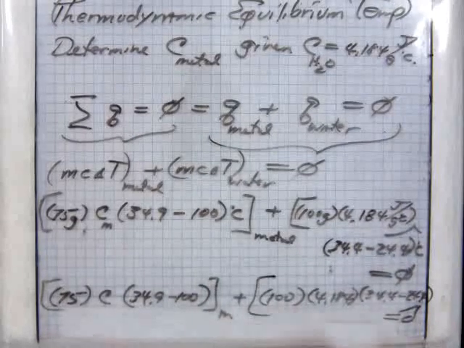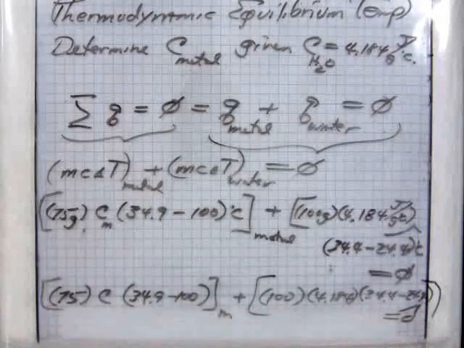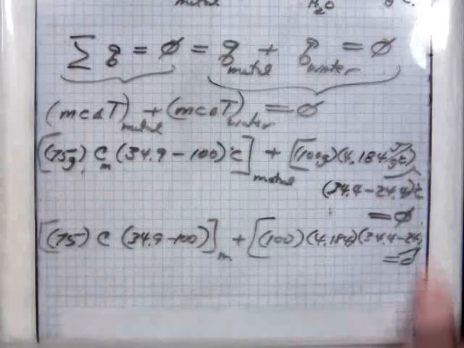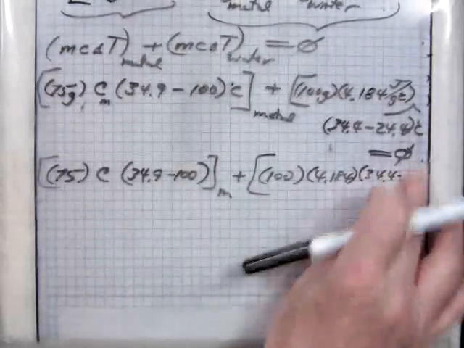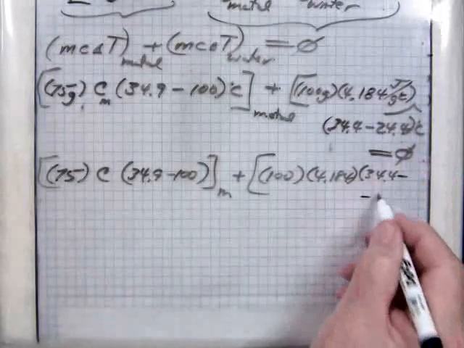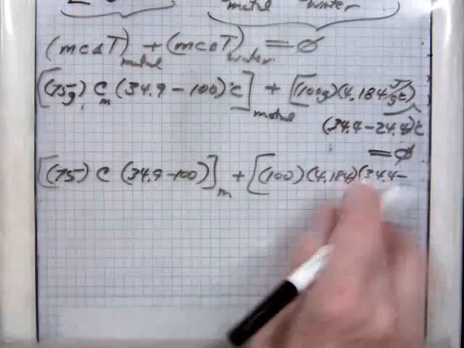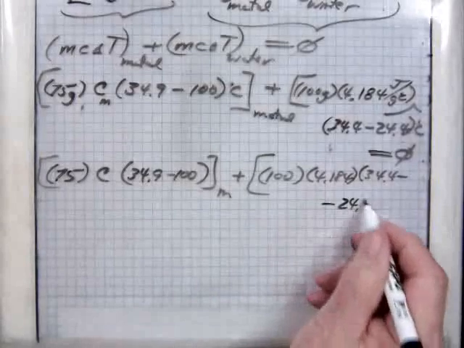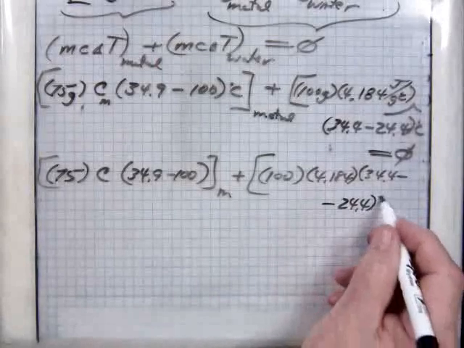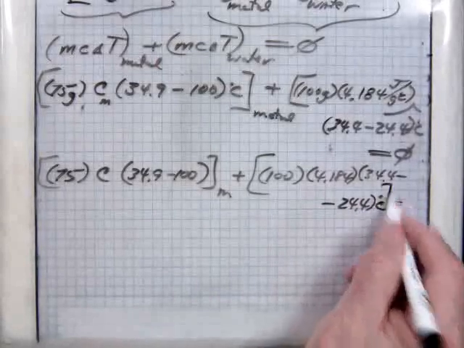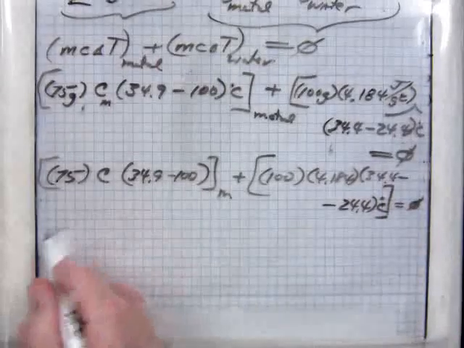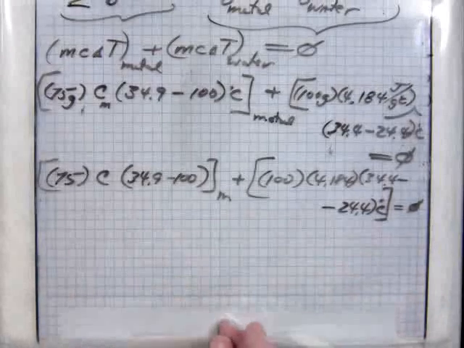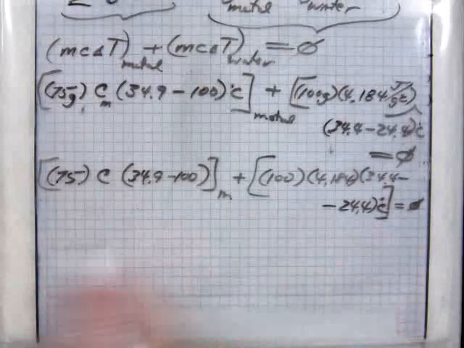So what I'm showing you here is a simplification. It makes the math a little bit easier. Anyway. All right, so we begin to simplify and solve for C. That's all we're going to do.